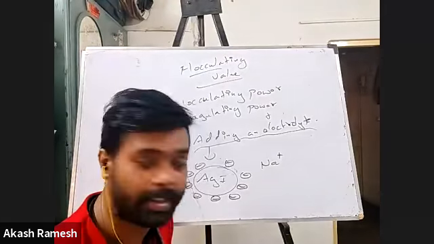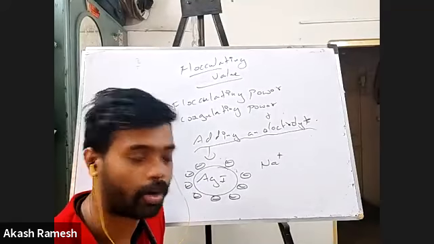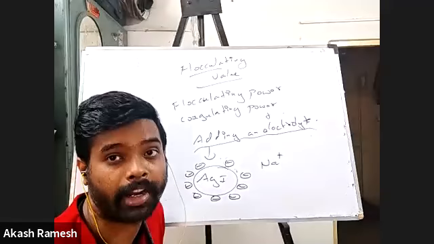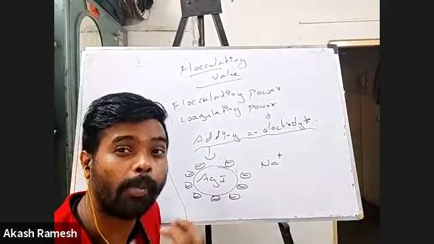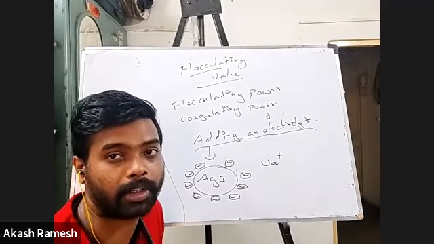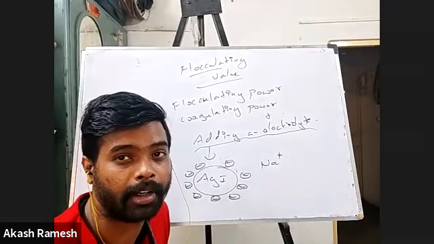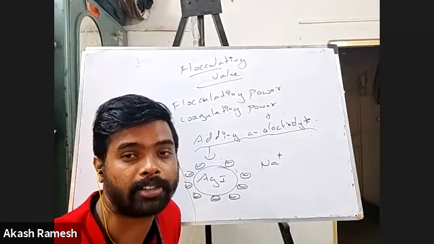The flocculating power or coagulating power talks about the ability of the electrolyte to convert your colloidal particles into precipitate.